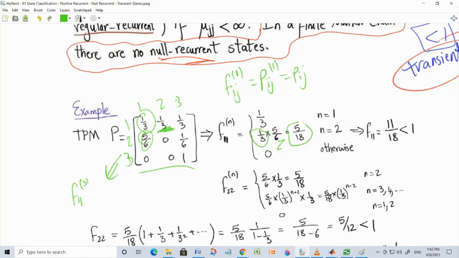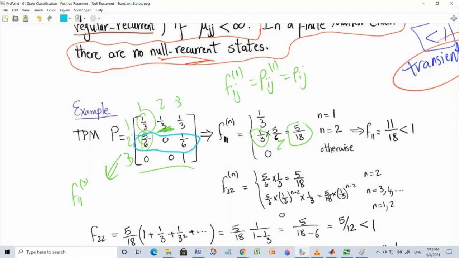And if you go to 2, you have 2 options depending on the structure of the TPM: you either go to 3 and stay there forever, or you come back to 1. So the first passage event for state 1 is only for n equals 1 or 2, right?